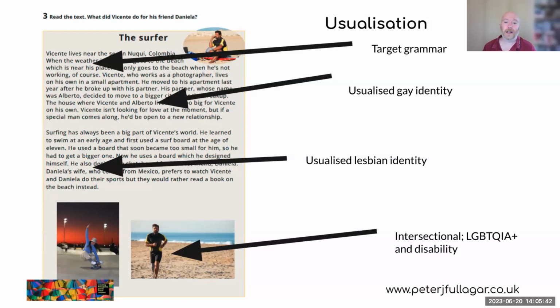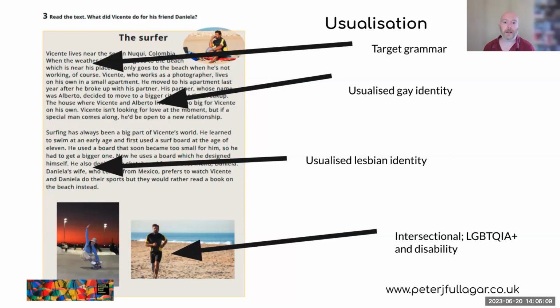Within the text, I also use the target grammar, but I also usualize his identity as a gay man. So the text talks about his previous partner, whose name was Alberto. His name is Vicente. Further on, I talk about the lesbian identity, but again, it's usualized.